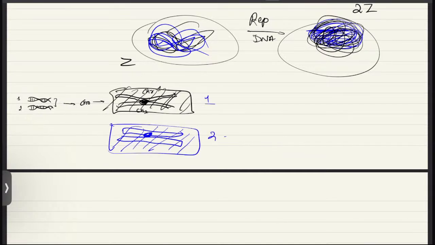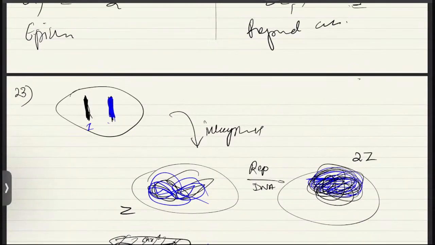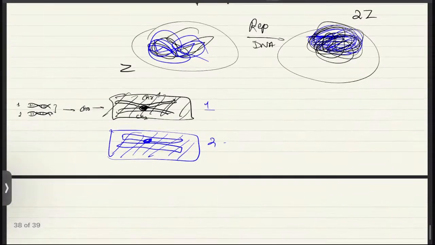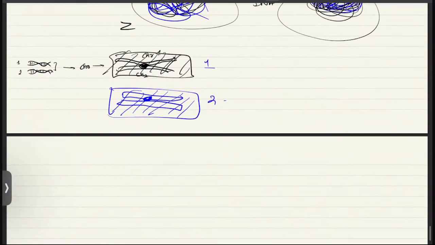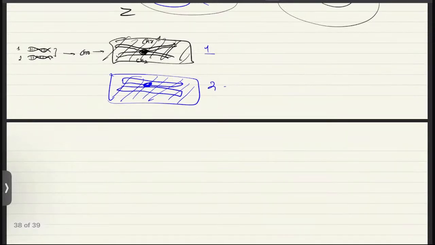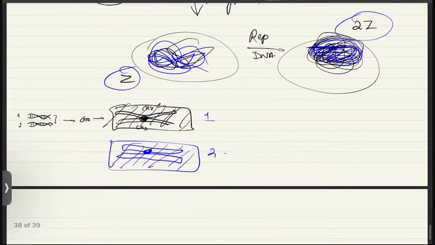This is chromosome 1, this is chromosome 2, just exactly as it was in the parent cell. There is no difference. That is how you say that although the DNA amount has doubled, the chromosome number is still the same.